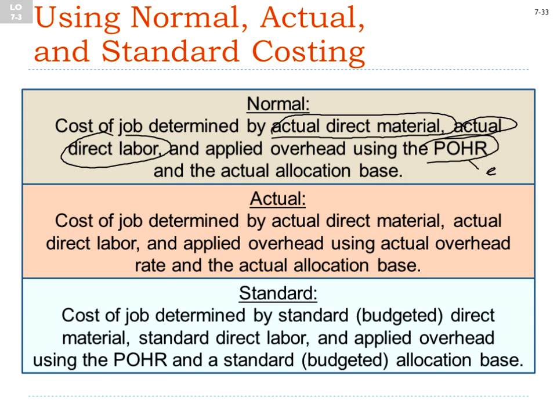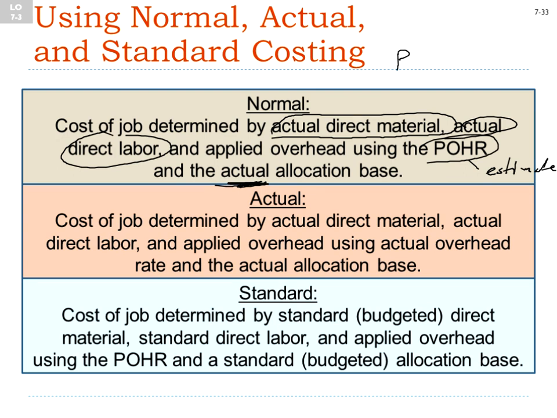So remember, this one is an estimate. But the estimate was based or allocated based on an actual allocation base. So in the case of InShape, they used actual direct labor dollars to allocate overhead.